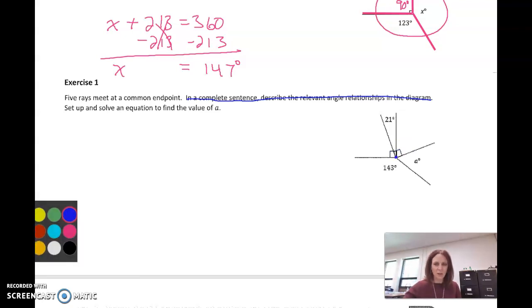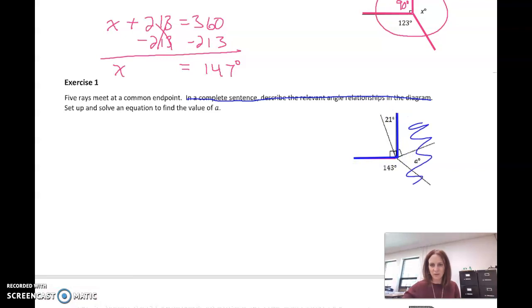If we just focus on this right angle right here, I'm going to scribble this out. You don't have to do that. Please don't do that. We're going to come back to it. These two angles together have to equal 90. This one's 21. So if I go 90 minus 21, that means this is 69 degrees.